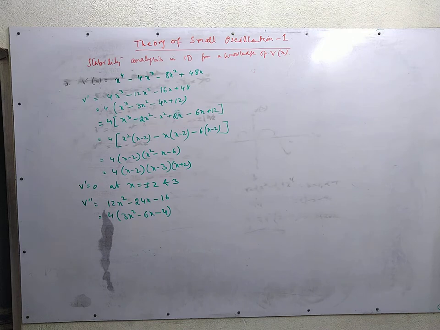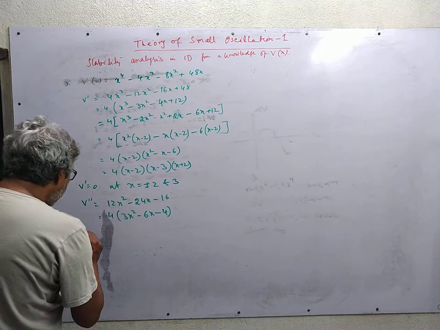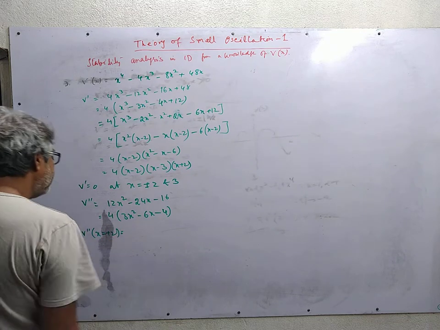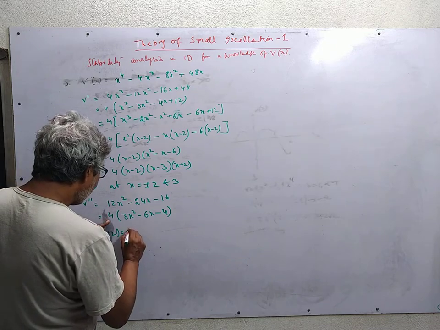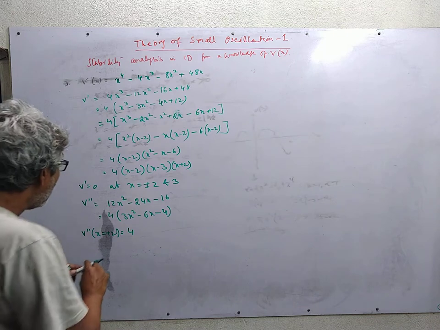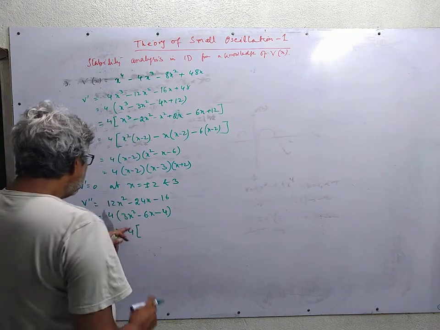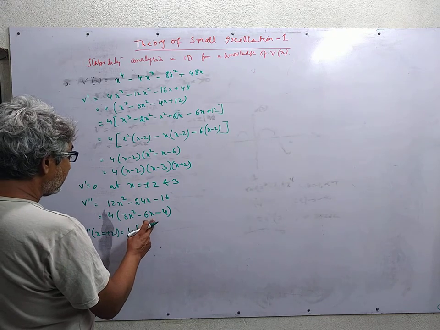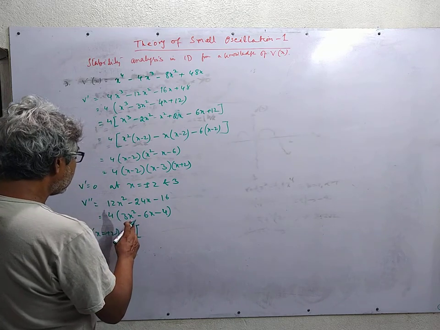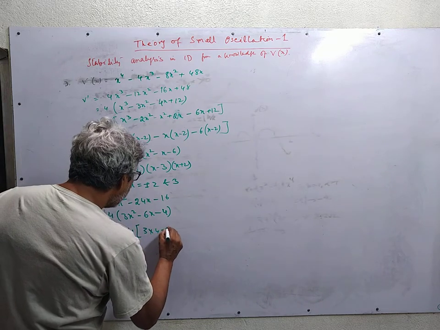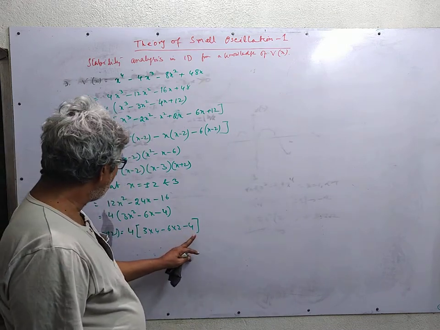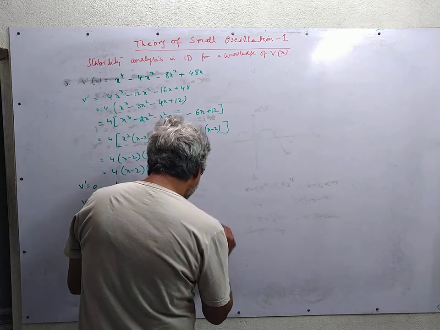Now V double prime at x is equal to plus 2 is 4 times 3 into 4 minus 6 into 2 minus 4.